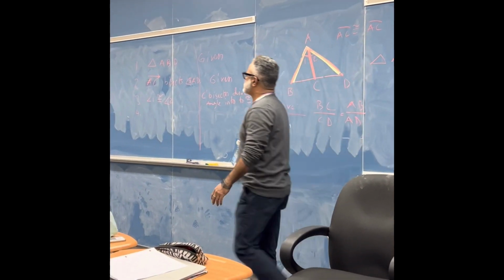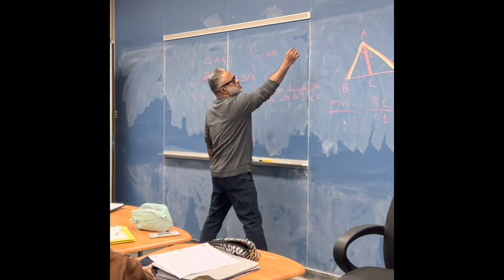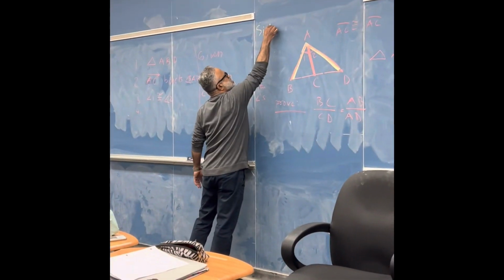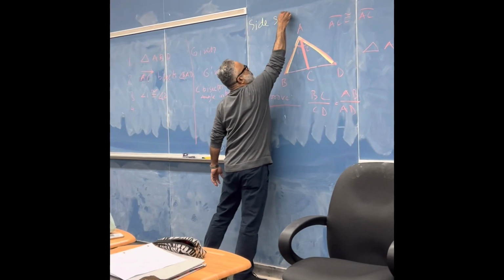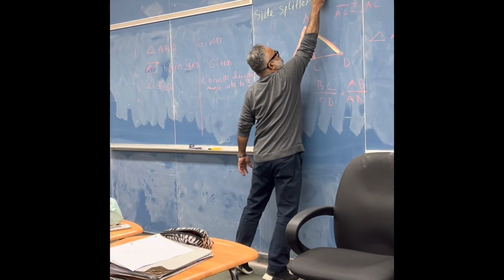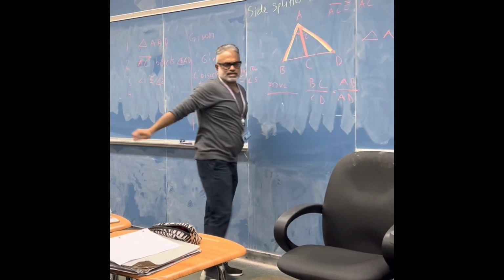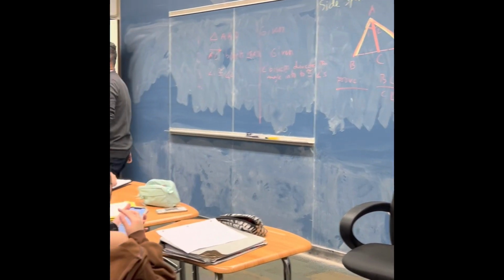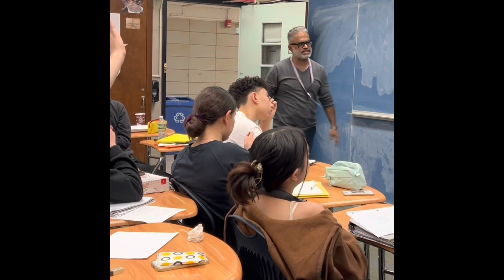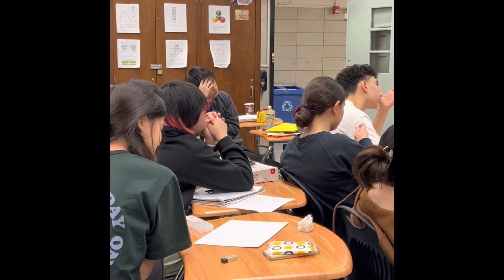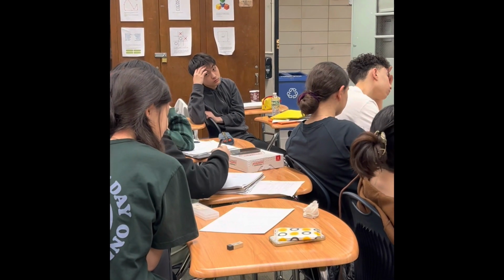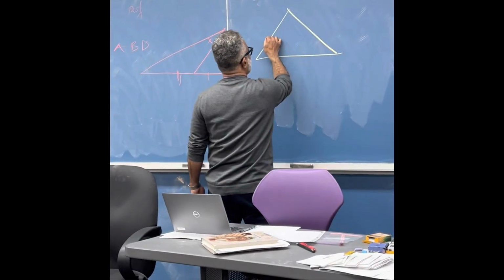What about that? Can you guys think about the side splitter theorem? Who can tell me the side splitter theorem? What does it tell? If a line is parallel to one side of a triangle and it intersects the other two sides, it divides those two sides proportionally.